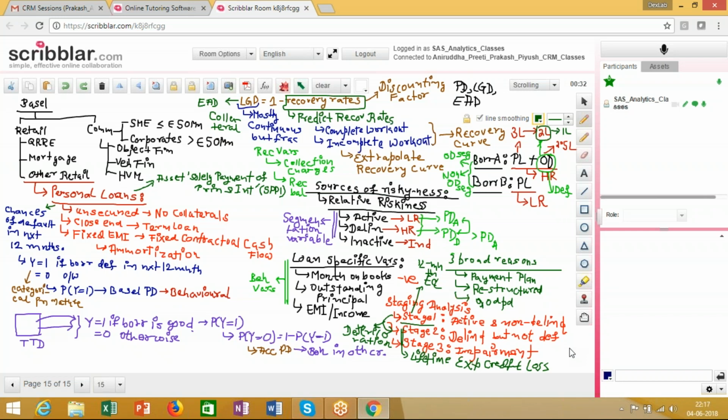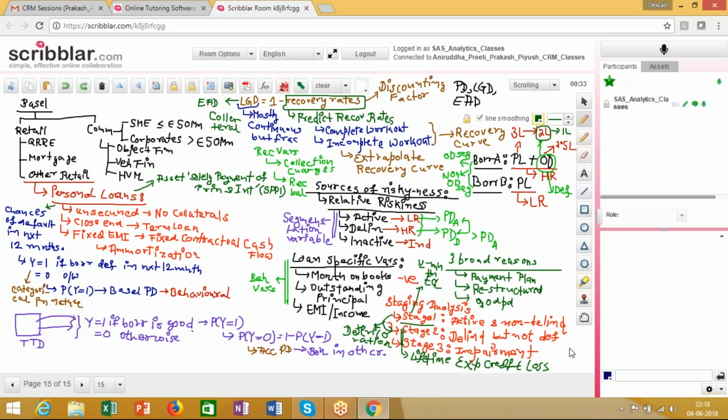Now, how do I identify that a borrower has moved from stage 1 to stage 2 and so on, and stage 2 to stage 3? One way to identify it is that I compare his acquisition PD to the present behavior PD, and if I see that it has gone down by a certain percentage, then you know that there has been a degradation in the overall credit risk, right?